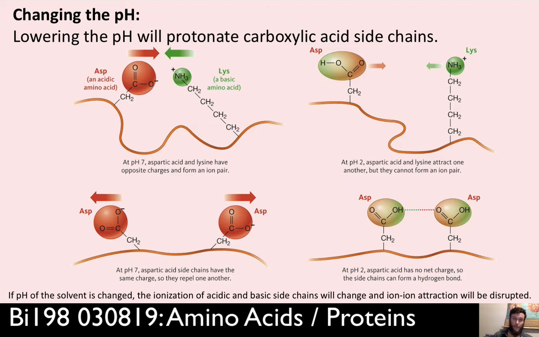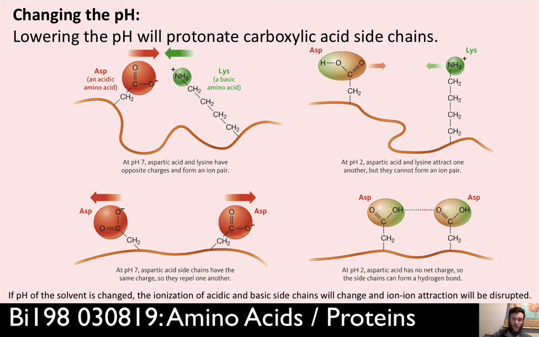All right. So next is changing the pH. So this was making ceviche, for example. That was the example I gave you, putting lemon juice on the seafood. So if you lower the pH, lowering the pH is going to protonate everything. It's going to protonate the carboxylic acid side chains.